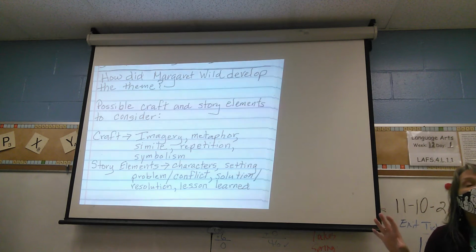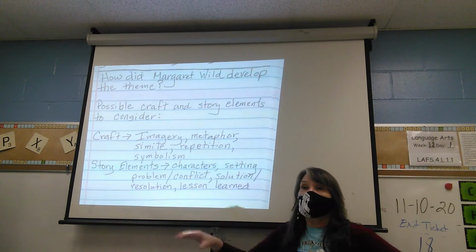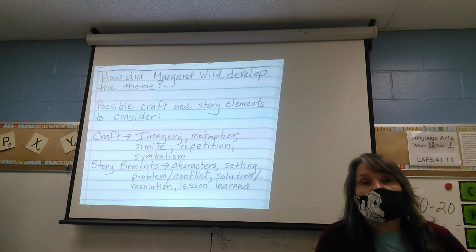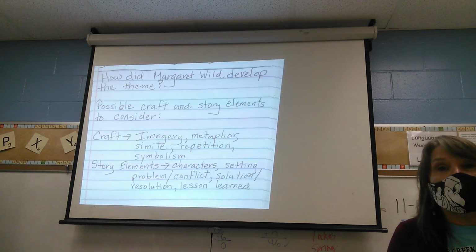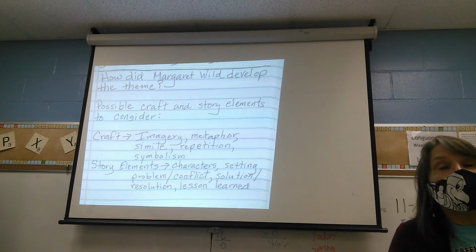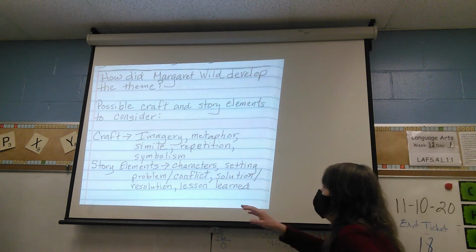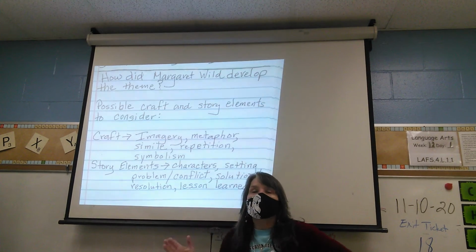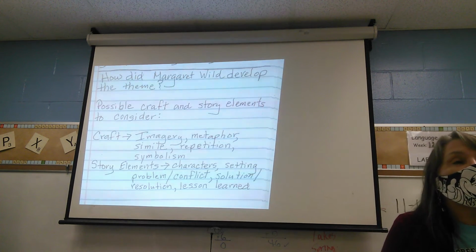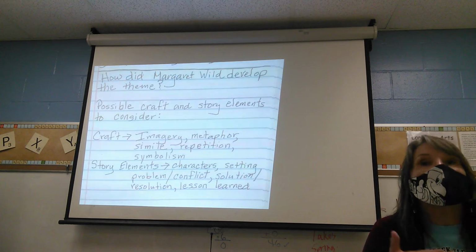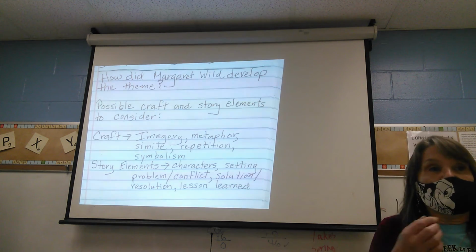The way that Margaret Wilde or any author creates a story, there are certain things that have to be there. And the author's choice in what those things are impact the story in the way that the theme is developed. All right, for example, the characters. When we think about the characters that Margaret Wilde chose, all right, we can think about the fact that she chose Fox.